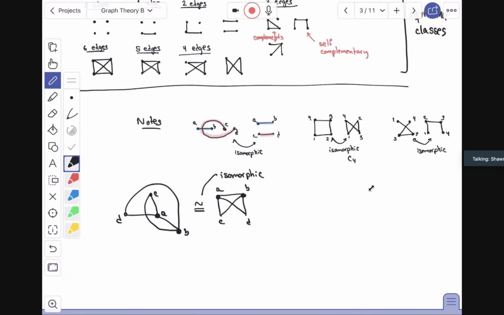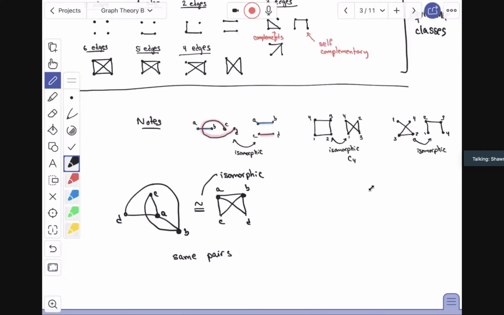Because I didn't see the edge there. I thought it was because A was in the way. Or wait a minute, because of the arch. Is it because of the arch? So as long as you have the edges the same for both sides. Or wait a minute.